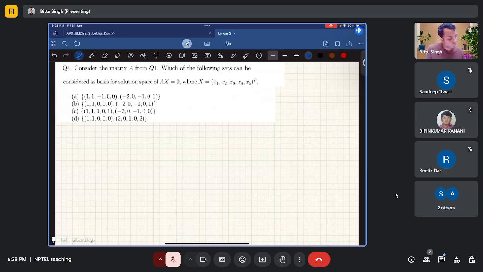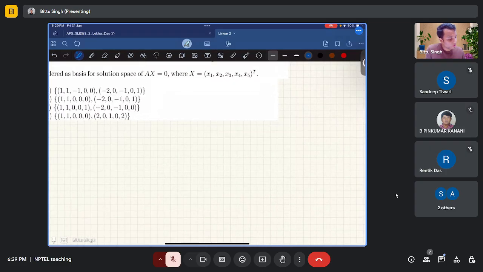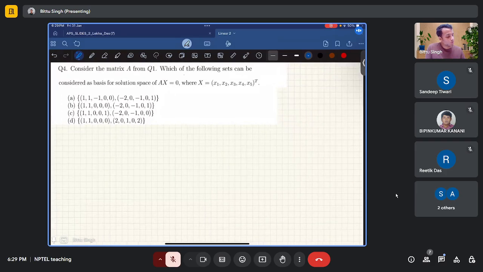So here, question number 4, again consider the matrix A given in question number 1. Which of the following sets can be considered as a basis for the solution space of Ax equal to 0?